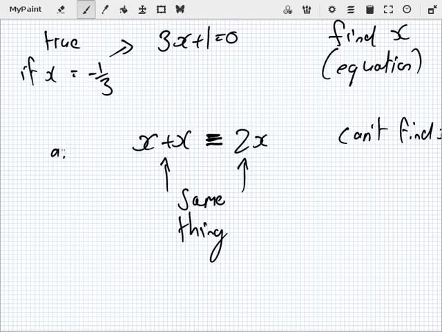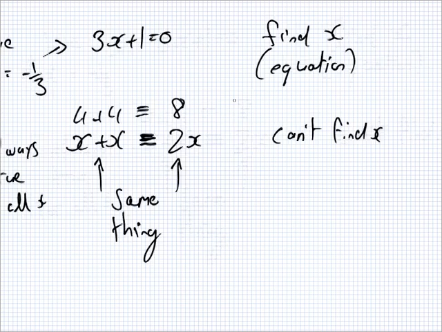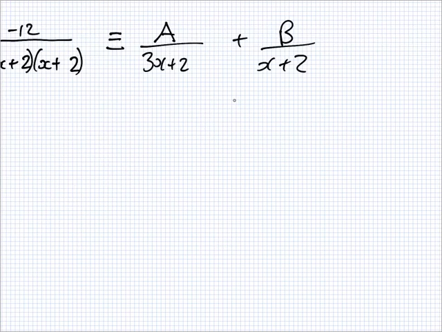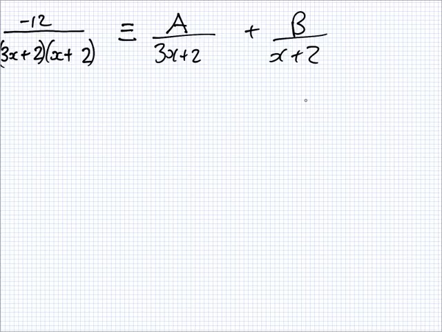But this is always true for all x. So for example, if I said x is 4, 4 plus 4 is the same thing as 8. So my point here is this should be true for all values of x.